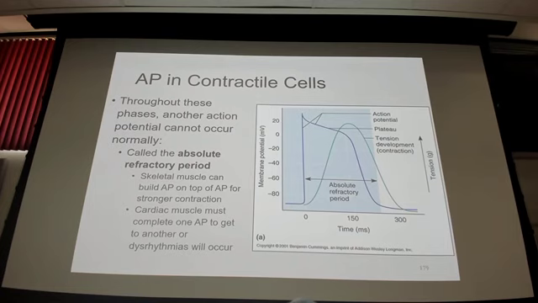Does that make sense? When that absolute refractory period is altered, because of what did we already talk about that would alter it? Potassium, hyperkalemia. Extreme hyperkalemia doesn't allow for repolarization, changes what the graph looks like, and now you get contraction on contraction, and then you have ventricular fibrillation, which is what we're talking about when we talk about dysrhythmias.